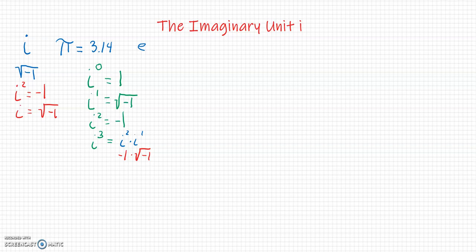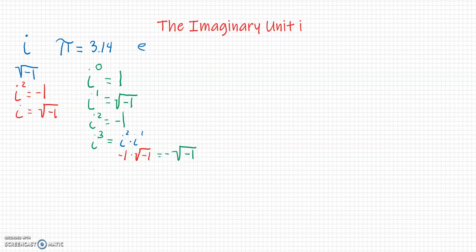Well, any number multiplied by -1 simply means change the sign of the entire number. So that yields negative square root of -1. So going back again, i to the 0, 1. i to the first, square root of -1. i squared, -1. i cubed, negative square root of -1.